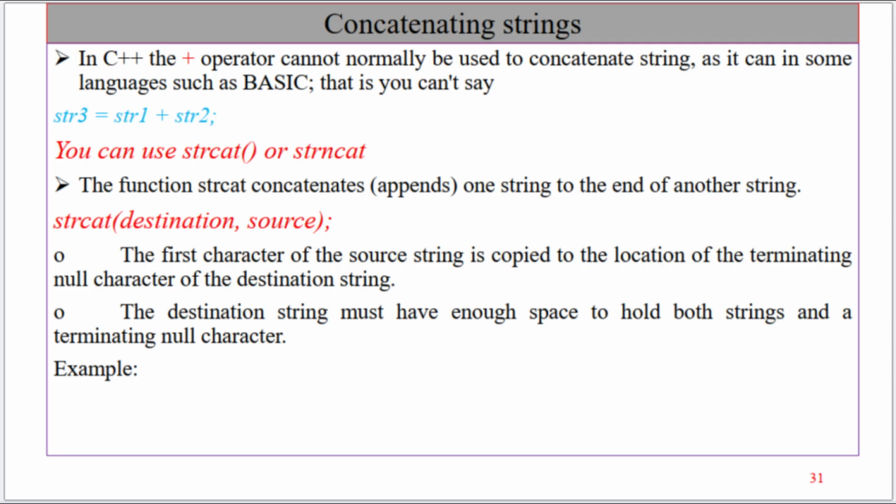The function strcat concatenates, appends, one string to another string: strcat(destination, source). The first character of the source string is copied to the location of the terminating null character of the destination string. The destination string must have enough space to hold both strings and a terminating null character. Example, 31.